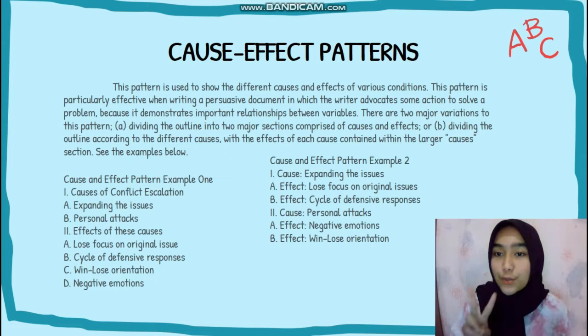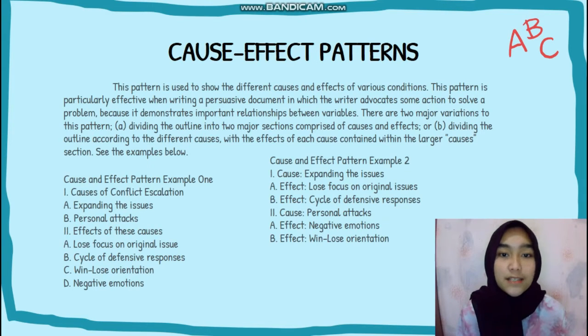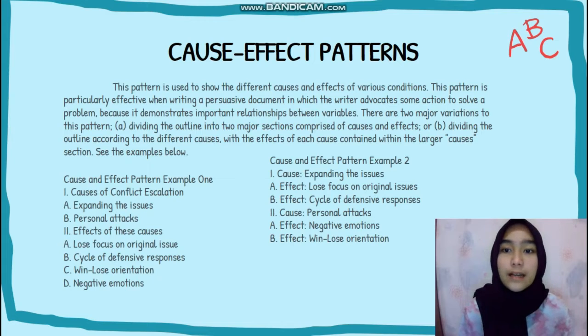There are two major variations to this pattern. A. Dividing the outline into two major sections comprised of causes and effects, or B. Dividing the outline according to the different causes, with the effects of each cause contained within the larger causes section, and you can see the example below.